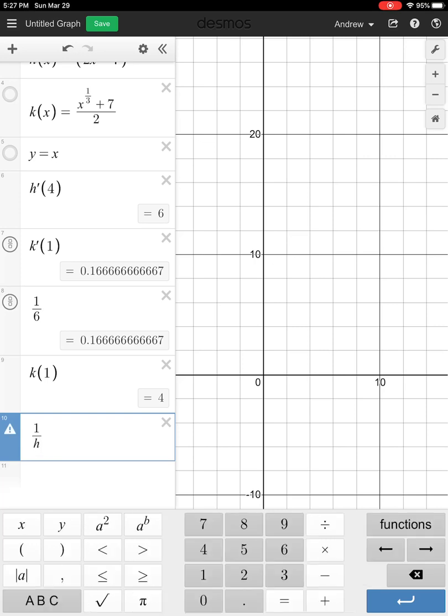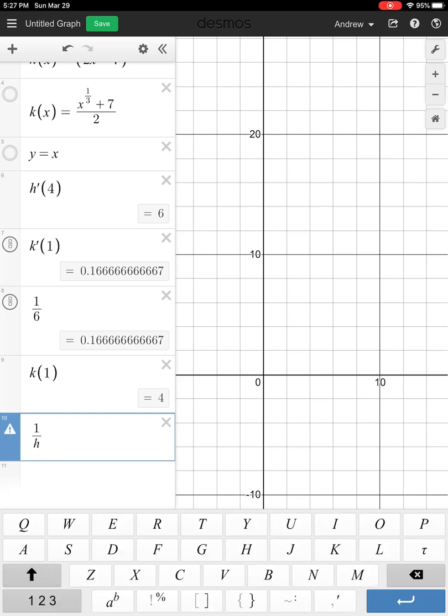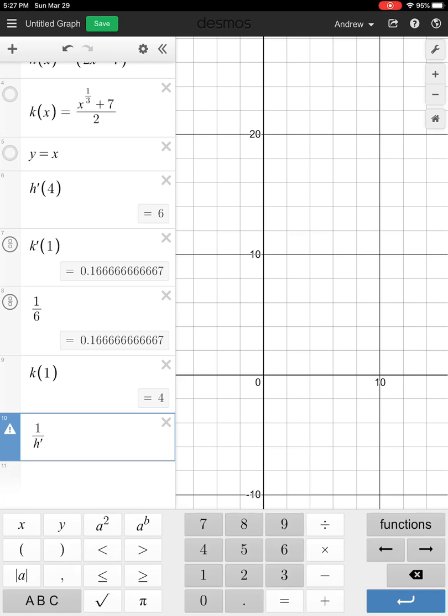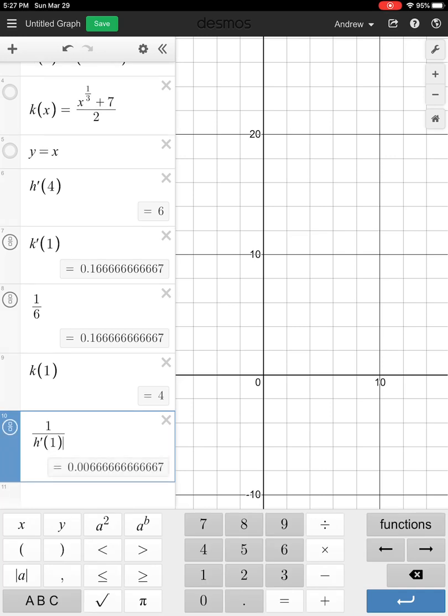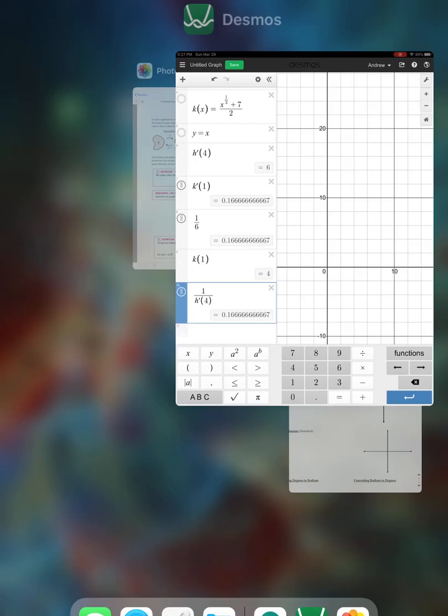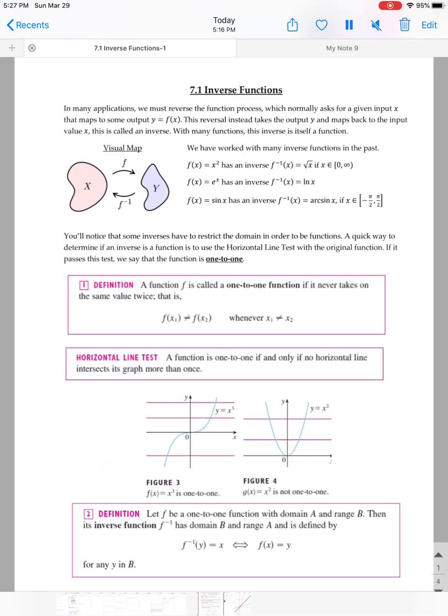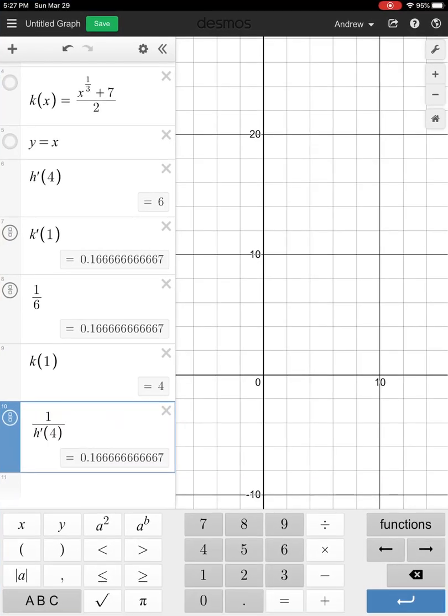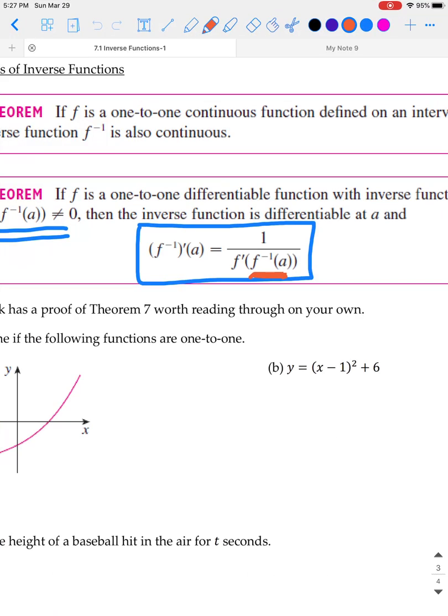So then if I took 1 divided by h prime of 4, I get the exact same value for k prime of 1 and 1 over h prime of 4.